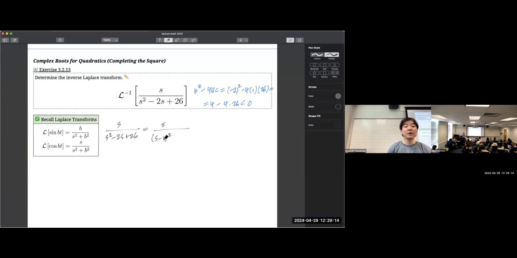And then if you FOIL this, you would have the minus 2s, because it's s minus 1 times s minus 1: s squared, minus s, minus s, that's going to be negative 2s. And then you'll have a plus 1, but you need to have a 26. So you need to make up for that by adding 25. This is called completing the square. So we just completed the square in the bottom.